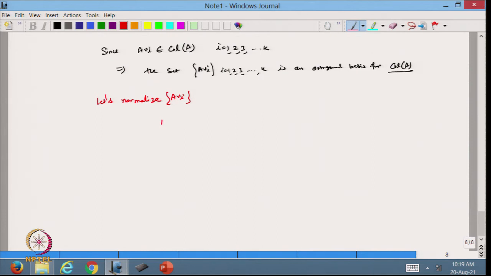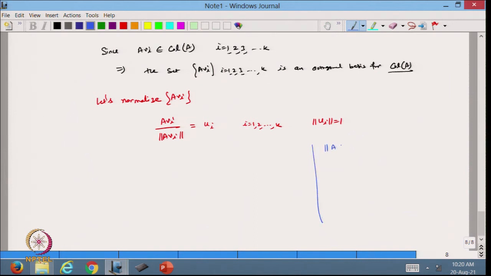For this one, what I do is take A Vi and divide by its magnitude, and because this belongs to my column space of A, I call it Ui, where i is 1, 2, up to k, and Ui is a unit vector, because I am dividing by the magnitude. Now, let us see what is going to happen in this case.